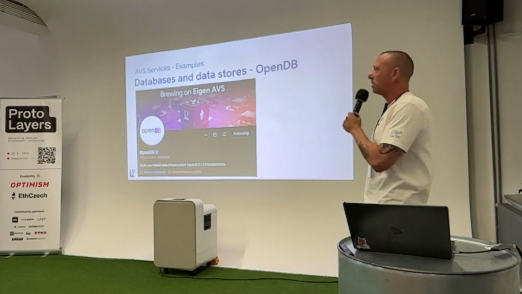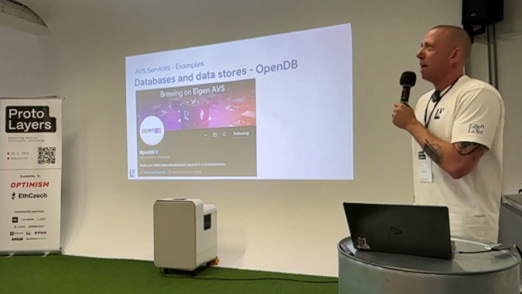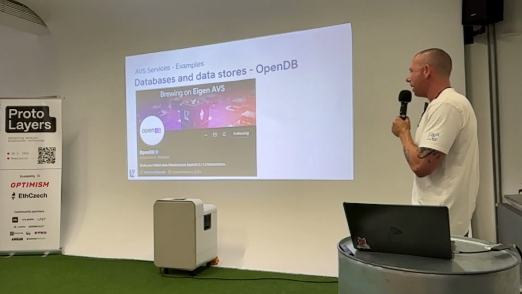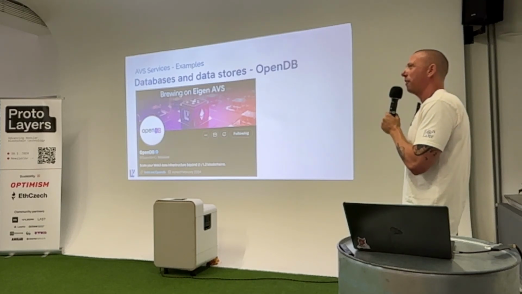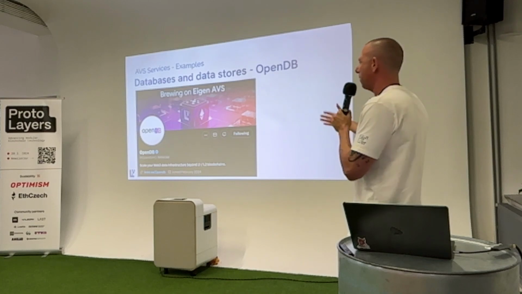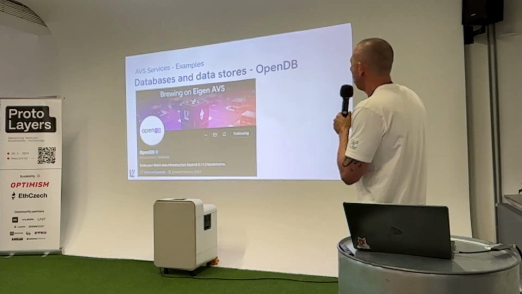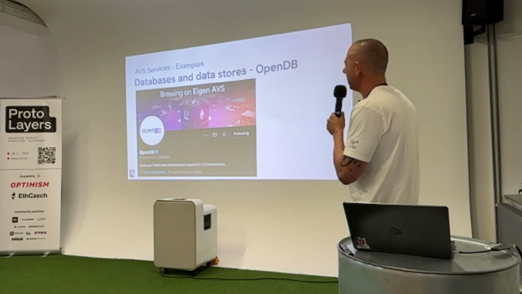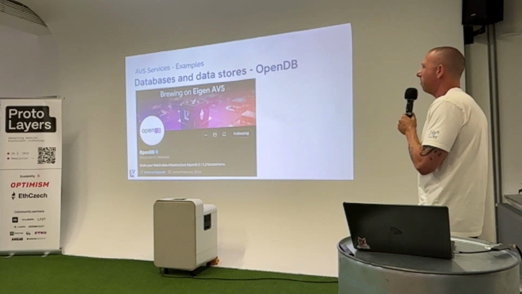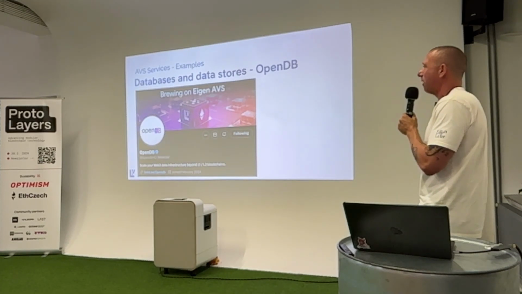Databases, data stores, and I think one other thing that they're working on is a vector database, or they're actually turning this also into a vector database as another option. So there's OpenDB. They basically provide a SQL API on top of any data that you want to have verifiable.